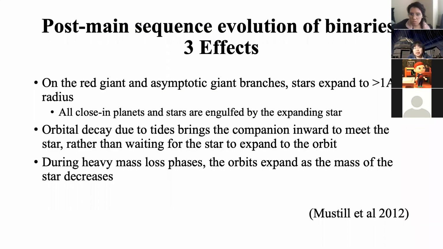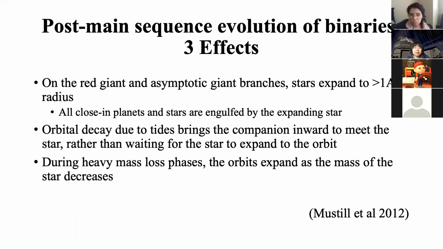Let's get started with the 3 effects for post-main sequence evolution in binaries. The first one is that when the star increases its size during its RGB and AGB phase, its radius can expand to over 1 AU. So all the close-in planets are engulfed by the expanding star. The second effect is that, instead of the star's expansion by itself, the orbit decays by tides.